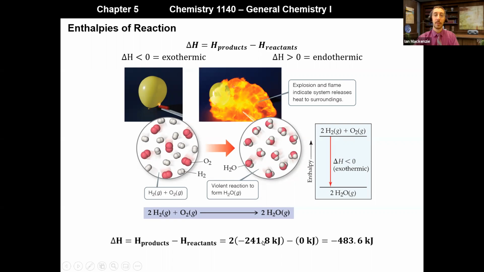And it turns out that the enthalpy of my starting materials started out at 0 energy. We'll explain later on, when we get to heats of formation, why that is. But I can calculate quantitatively and say that the change in enthalpy for this reaction is negative 483.6 kilojoules. In other words, 483.6 kilojoules of energy is given off by this reaction, as you can see by the cloud of flame and the change in heat.